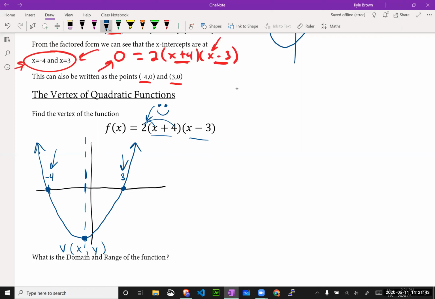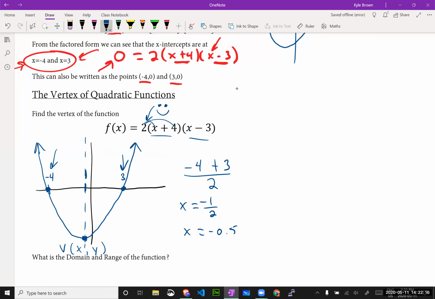So -4 plus 3. And then if you want to find the average between 2 numbers, you divide by 2, right? So this is going to be -4 plus 3 divided by 2. You end up with -4 plus 3 is -1 over 2. So I end up with -1/2, or it'd be the same thing to say x is equal to -0.5.